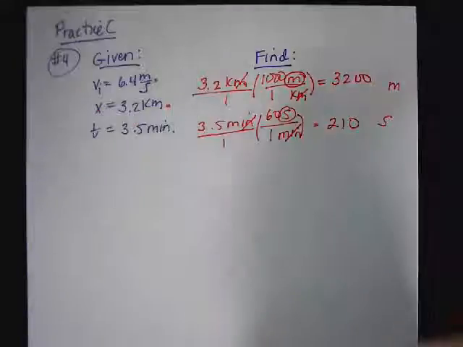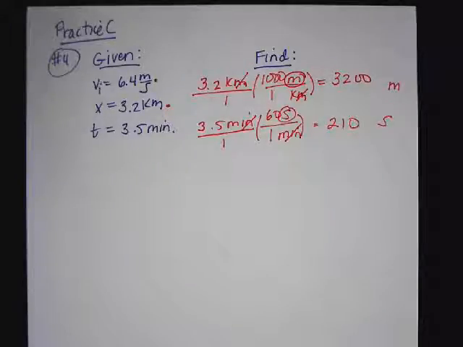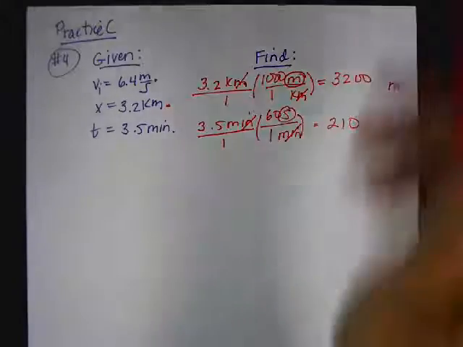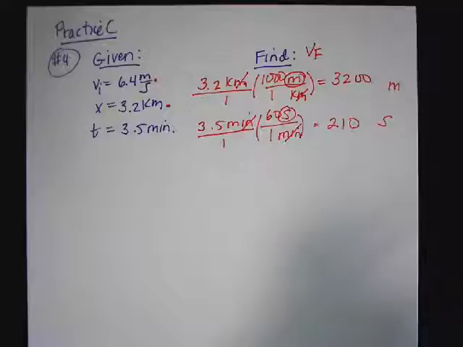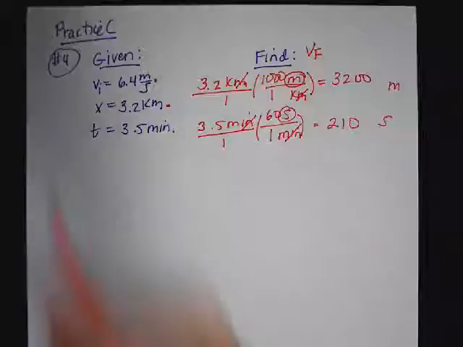Now let's read the rest of the problem. It says how fast in meters per second is the car moving after this time? So I want to find VF. Now remember, there's a way that we remember the formula.